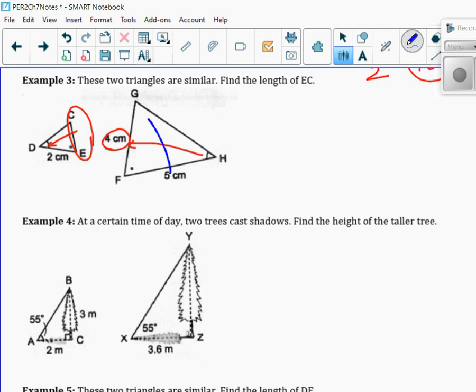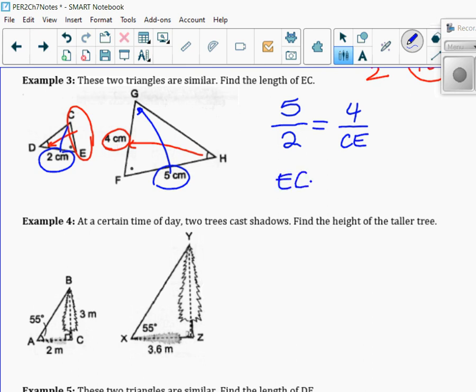The 5 is opposite a blank kind of angle, so that means that corresponds with 2. So 5 over 2 equals, now if I started with the bigger triangle on top and put it over the 2, that means I got to do the same thing over here. So this is going to be 4 over EC. Doesn't matter, EC or CE.